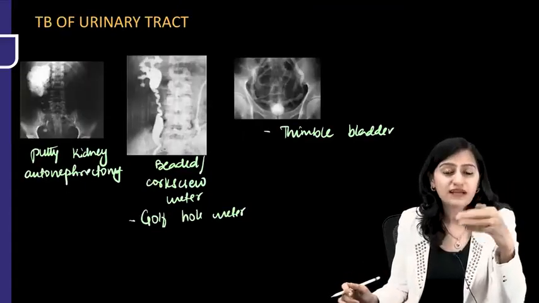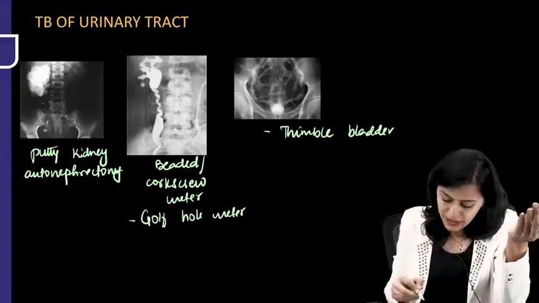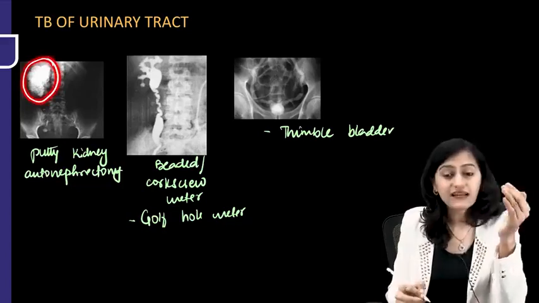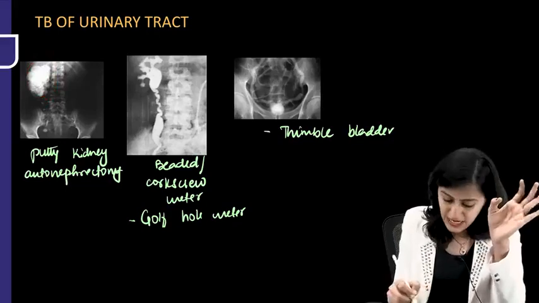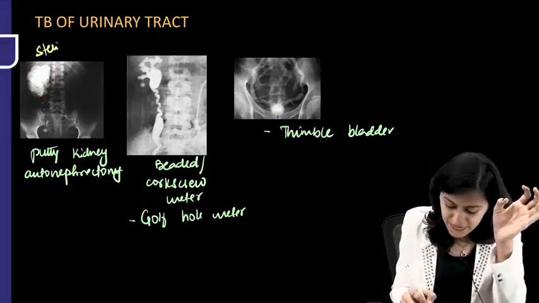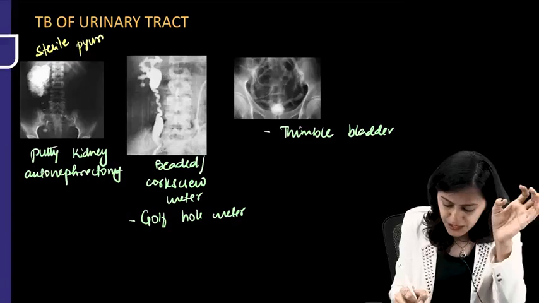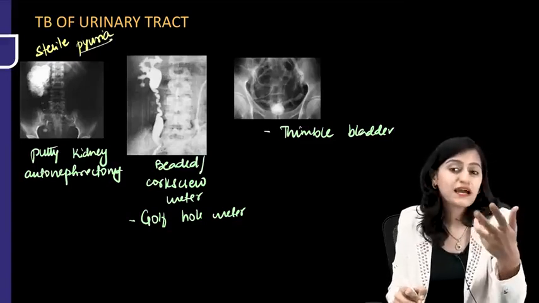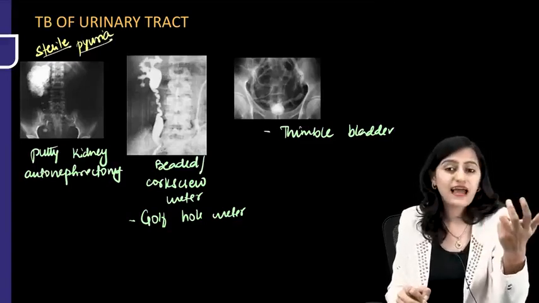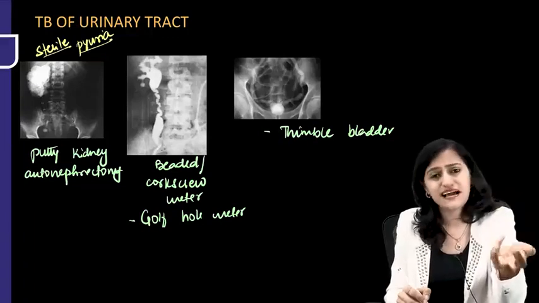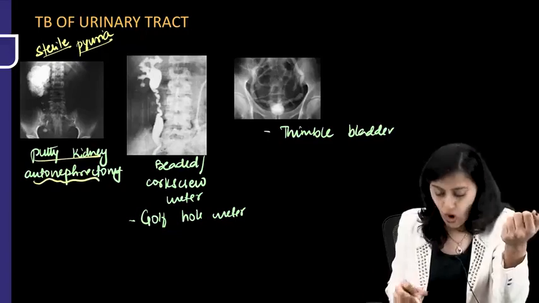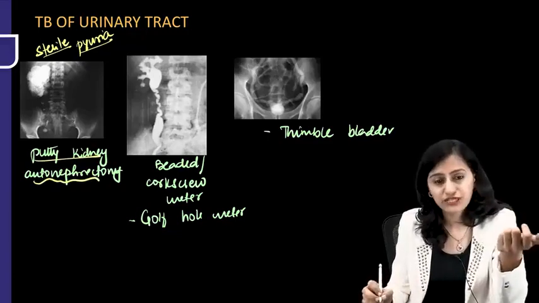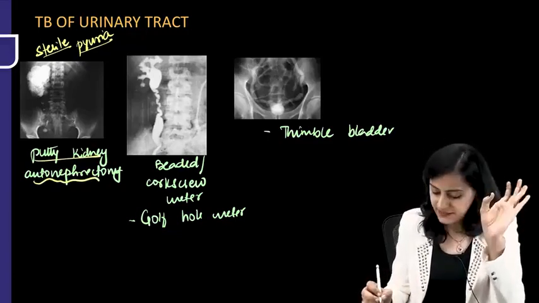TB of the urinary tract: kidney, ureter, bladder. In the kidney, in the last stages, we said that it gives rise to this putty kidney, the calcified kidney, very frequently asked. The history here is sterile pyuria. So there is pus, there is pyuria, but there are no organisms seen or grown because it is acid-fast bacillus, difficult to grow. So this is putty kidney. Autonephrectomy, this is non-functioning. Earliest finding, moth-eaten calyx.